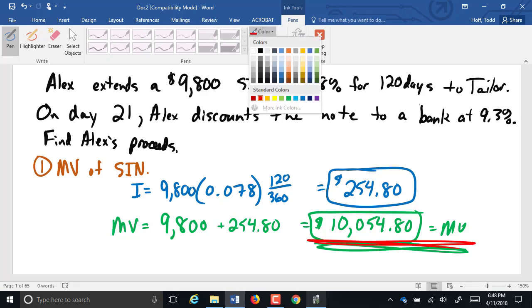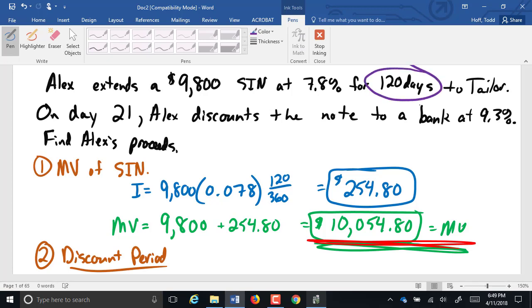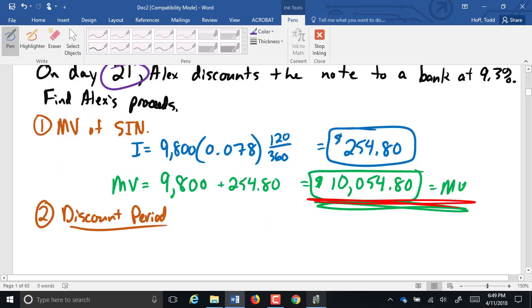What's our next step? Find the discount period. How do we do that? Okay, good.